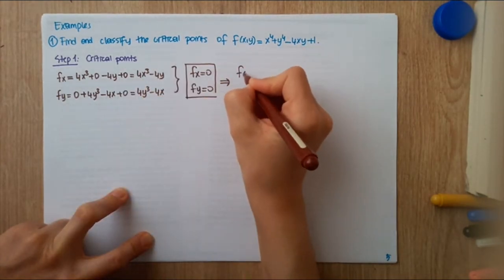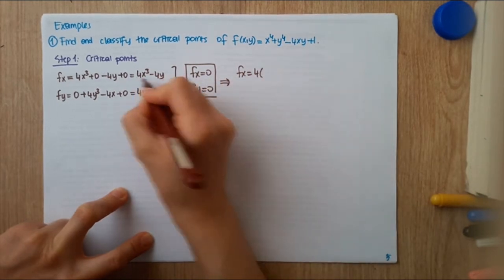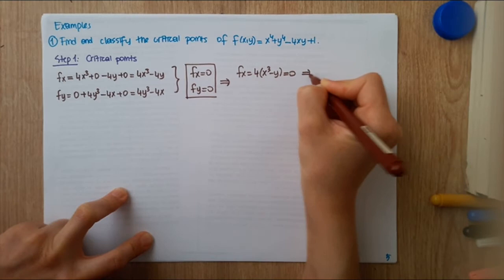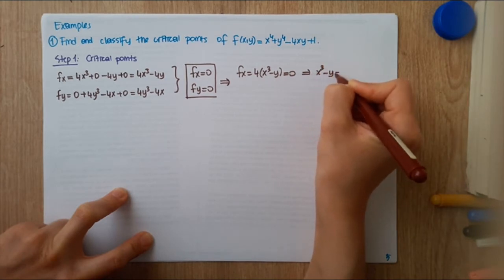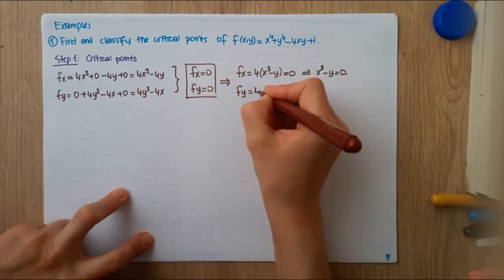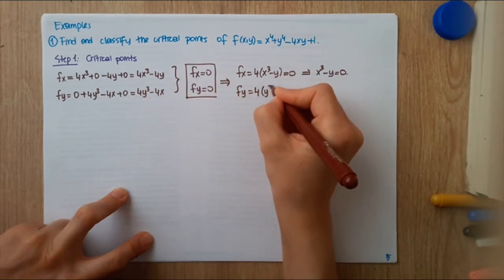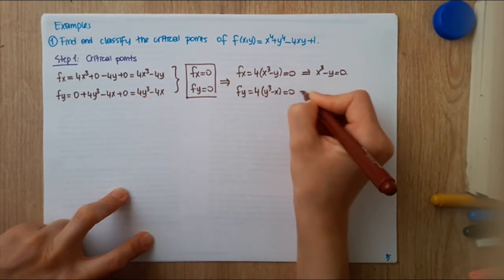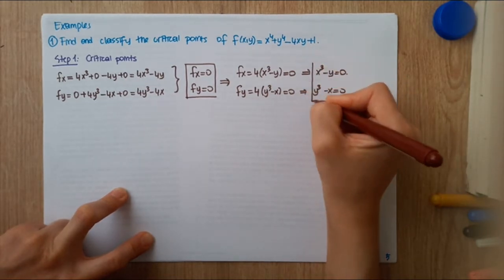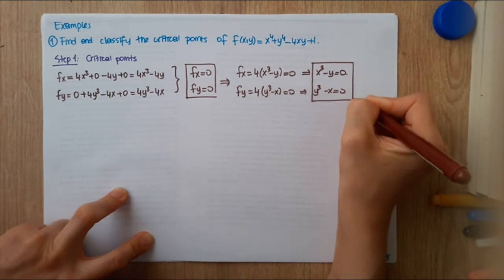f sub x, with 4 in common parentheses, I have x cubed minus y equals 0. And in the second partial derivative, with 4 in common parentheses, y cubed minus x is 0. So I have y cubed minus x is 0. We should solve these equations at the same time.